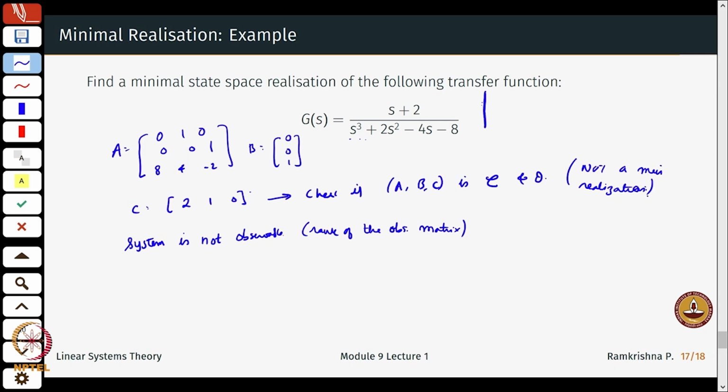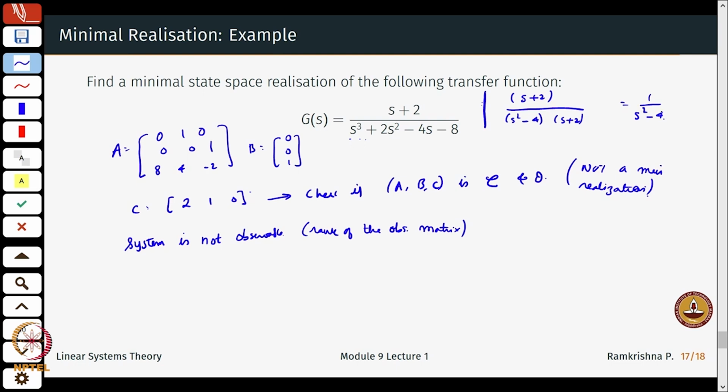Now, check this transfer function. We can also write this in the following way: (S plus 2) over (S squared minus 4S plus 2) is 1 over S squared minus 4.